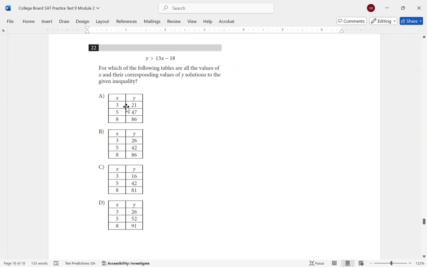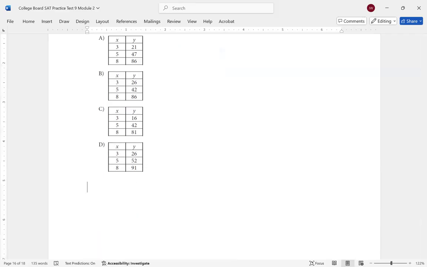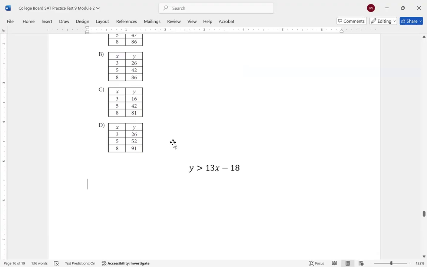Notice that the x values are 3, 5, and 8 for each case, and we get different y values for each case. So what I'm going to do is take this inequality, which says y is greater than 13x minus 18. And instead of plugging in specific x and y values, I'm just going to plug in an x value of 3 and see what happens.